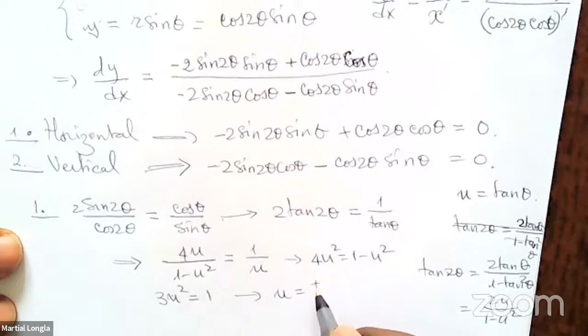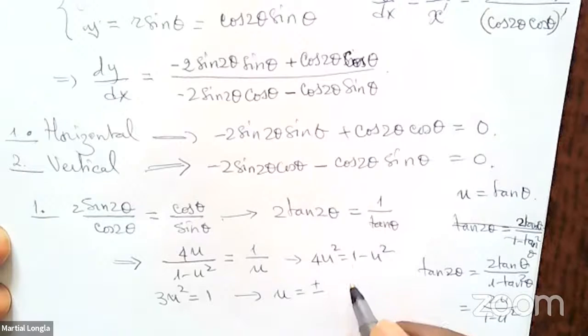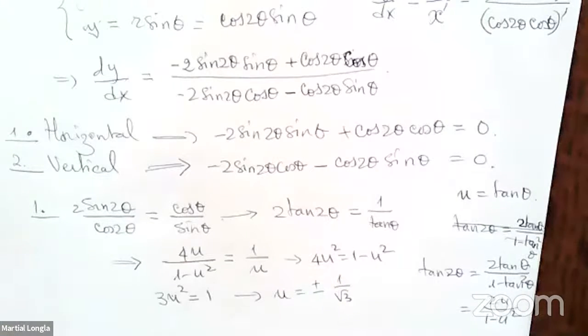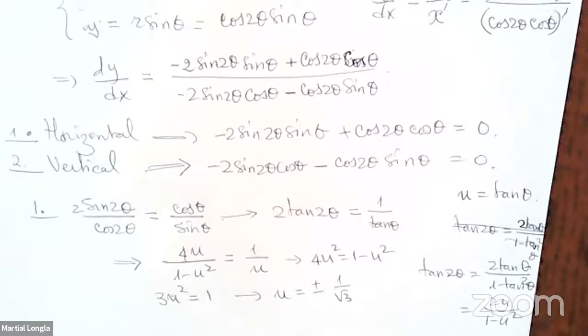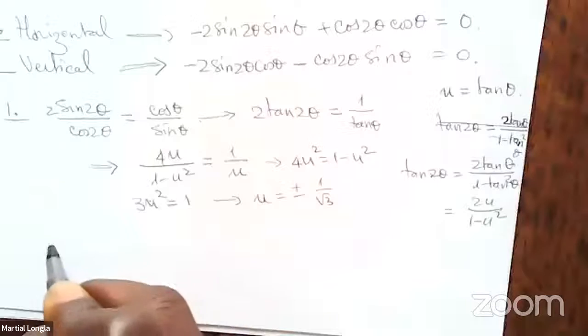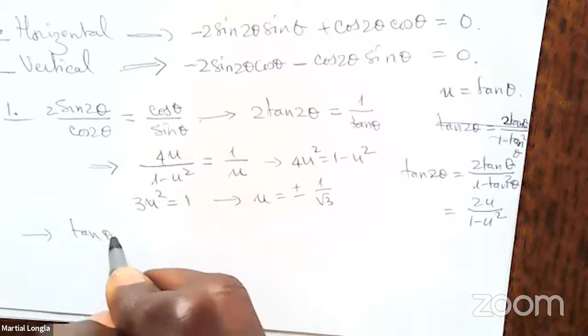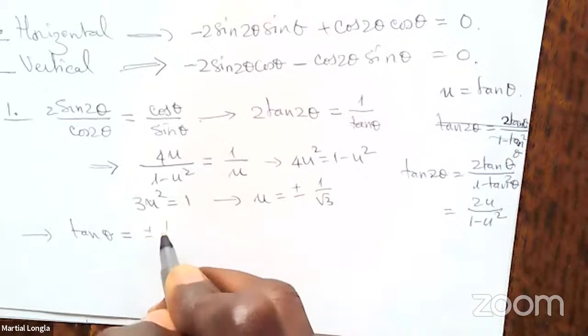So u equals plus minus 1 over root 3. That being the case, that means tangent of theta is equal to plus minus 1 over root 3.